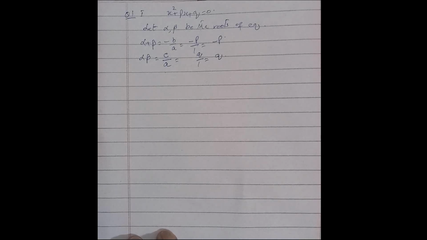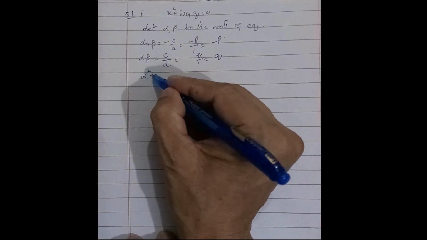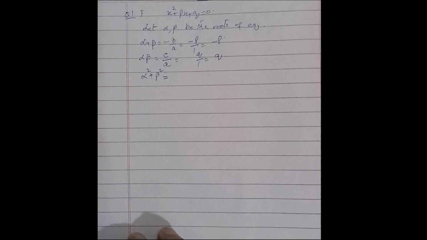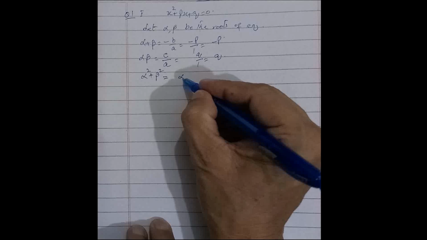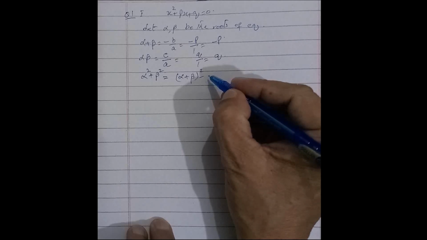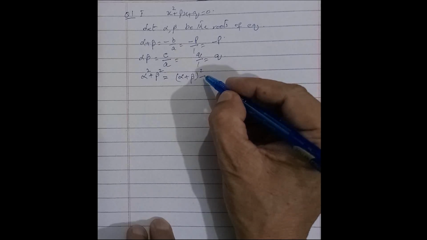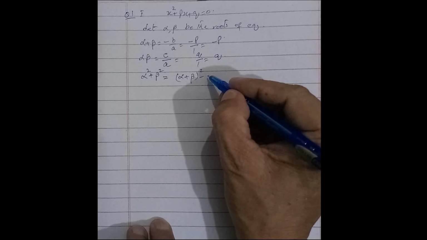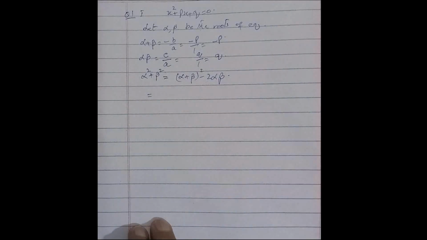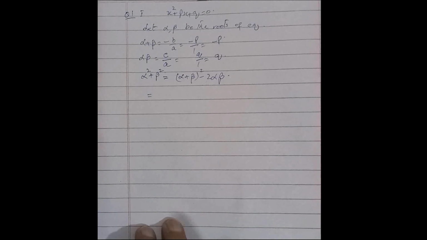And first we evaluate the value of alpha square plus beta square, and we mold this alpha square plus beta square into alpha plus beta and alpha beta product, which is alpha plus beta whole square minus 2 alpha beta, and then we put the values of alpha plus beta and alpha beta in this equation.